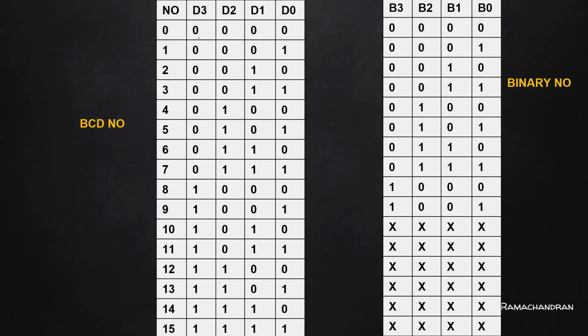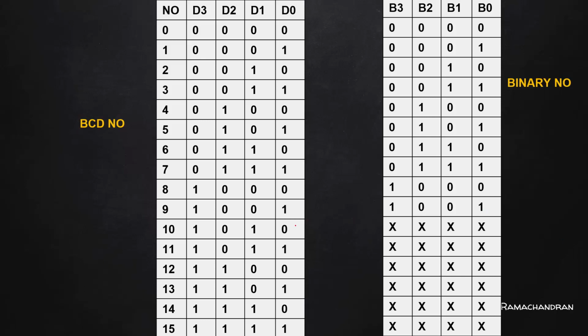For BCD 0000, the corresponding binary is 0000 itself. For 0001, the corresponding binary is 0001 itself. For 2, the BCD is 0010 and the corresponding binary is 0010. And up to 9, both the BCD and binary are the same.